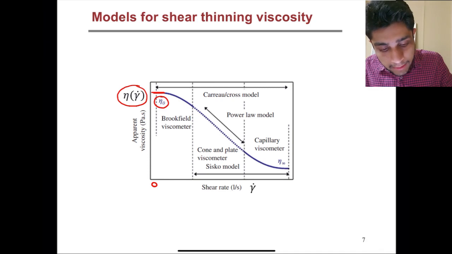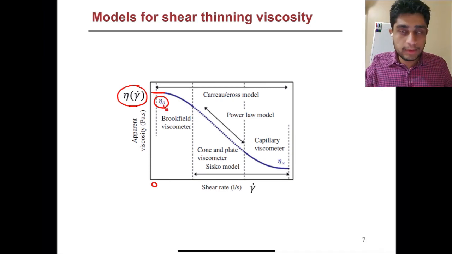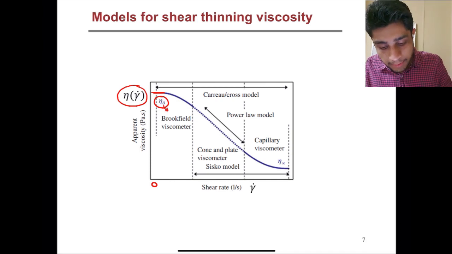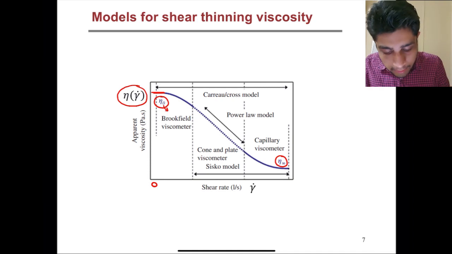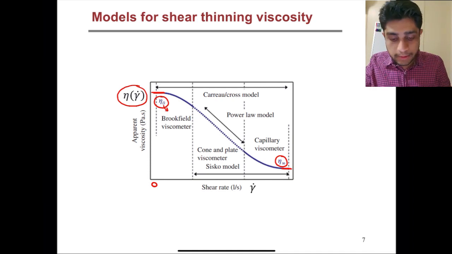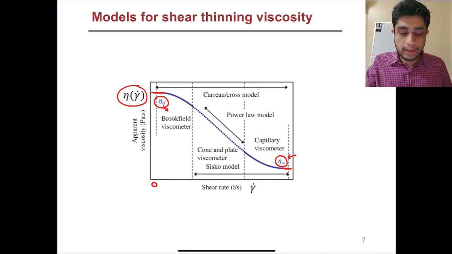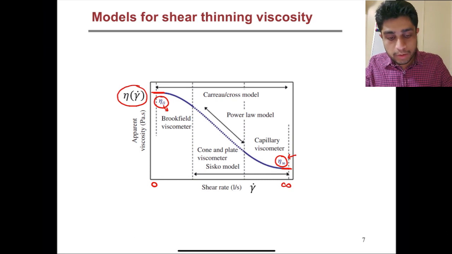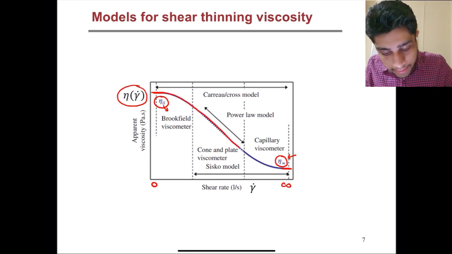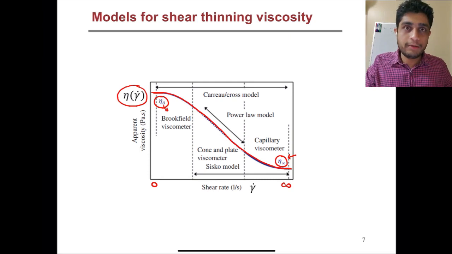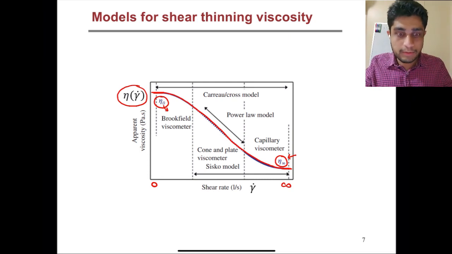The subscript 0 shows that it is the zero shear rate limit viscosity, and similarly in the very high shear rate limit, it again approaches a constant value, which is denoted by eta infinity, the high shear rate viscosity. And in between these two extremes, the viscosity interpolates, and we can use different functions to interpolate this viscosity.